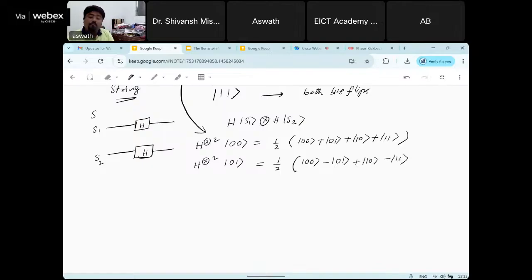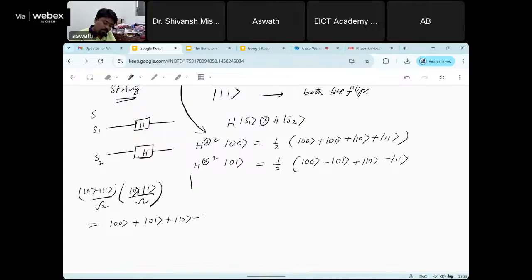If you want, I can cross check for you. What is this? 0 plus 1 divided by square root of 2, times 0 minus 1 divided by square root of 2, which is equal to 00 minus 01 plus 10 minus 11.